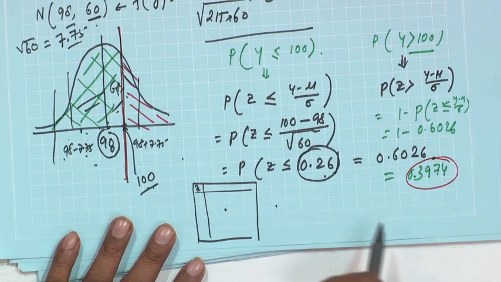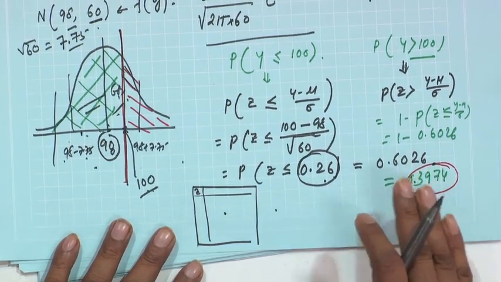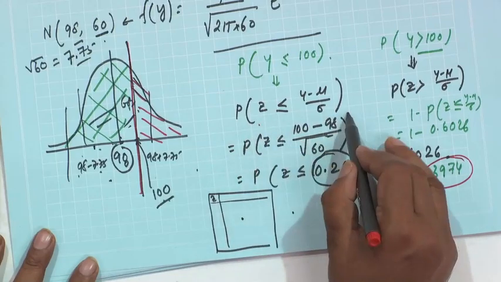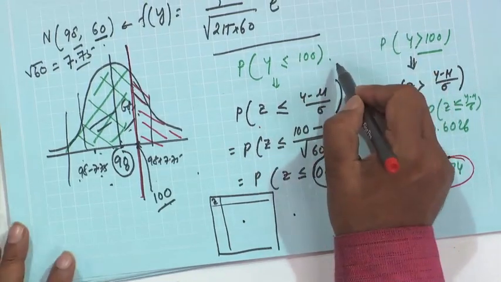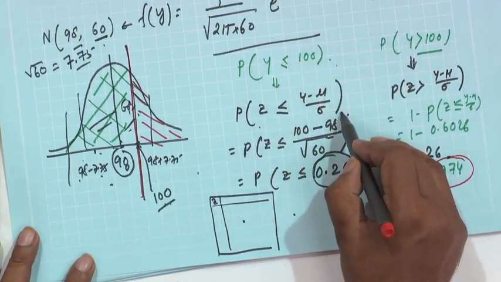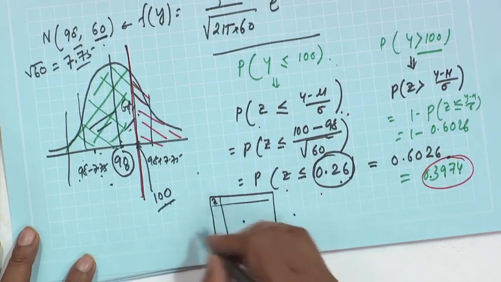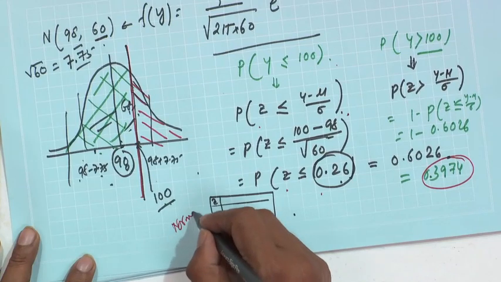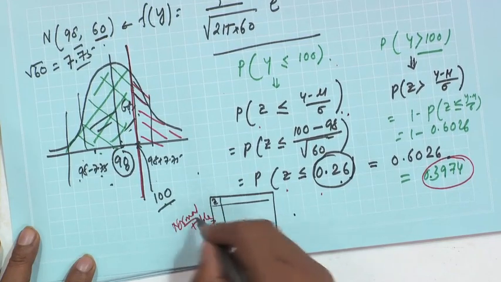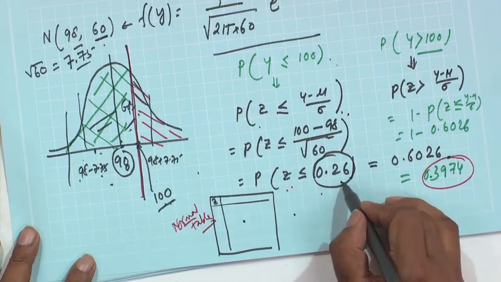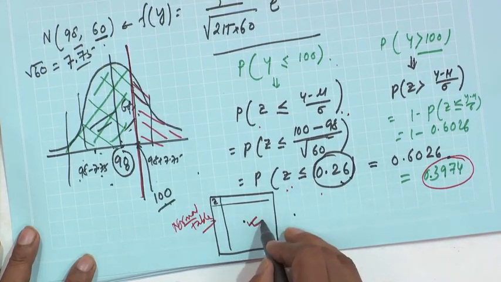Okay. So, this is the use of the unit normal. You first convert the original normal to unit normal, then from the unit normal you get the z value, and using the normal distribution table, once you know the z value, you will have the probability value.